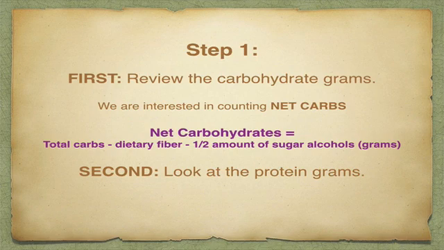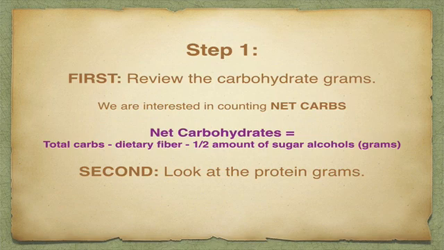Now, what are net carbohydrates? Net carbohydrates are total carbs minus the dietary fiber, which, as you may recall from prior videos, goes through us. It is not absorbed, so it doesn't make our blood sugar go up, so we can subtract that.